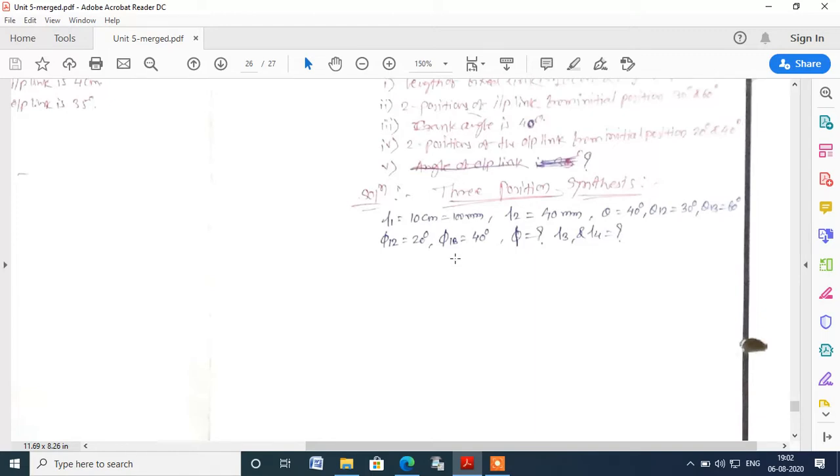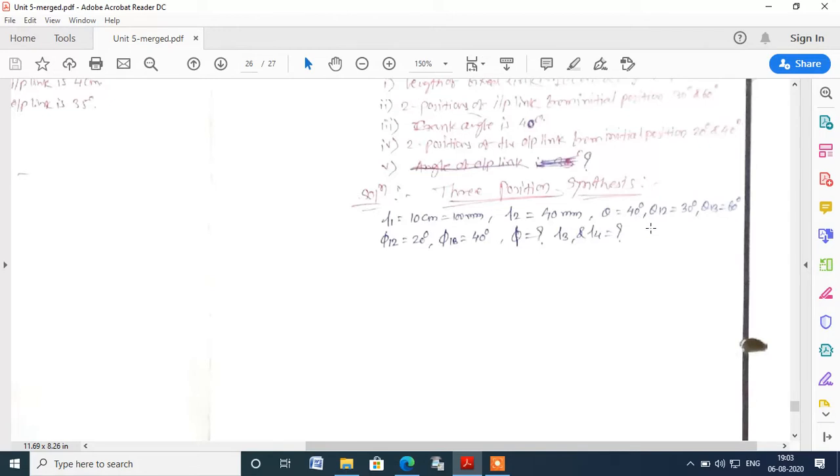Whatever is given we write in the given quantities. Length of fixed link, let us say L1, is 10 centimeter, that is 100 mm. Input link length L2 is 40 mm. Crank angle is given 40 degree, so theta is 40 degree.